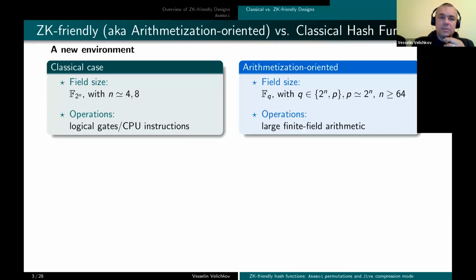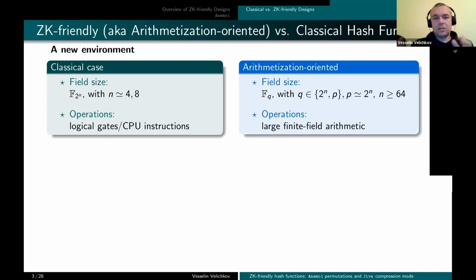Okay, so a bit of motivation. Zero-knowledge designs, also technically called arithmetization-oriented designs, versus classical designs. When I say design, I mean hash functions for the sake of this presentation. So I give here a brief comparison. On the left-hand side, you have the classical case. In classical hash functions, we are working over the binary field F2 to the n, where n would be a small number, typically 4 or 8, meaning that we are operating on blocks of 4 or 8 bits of data.